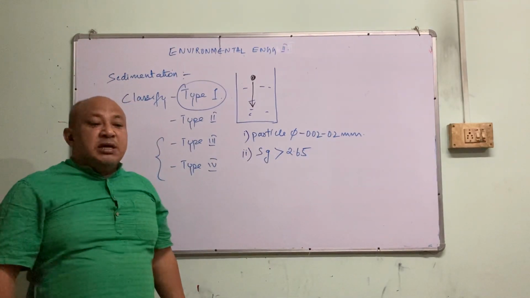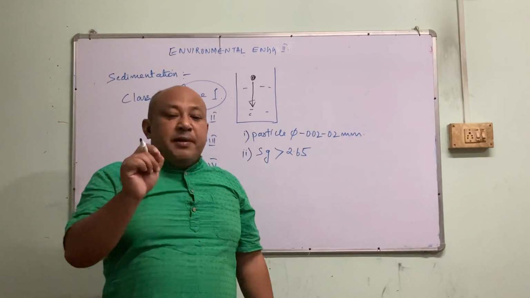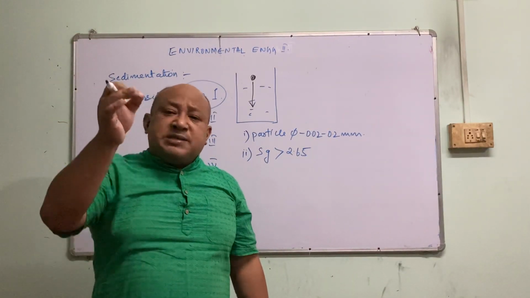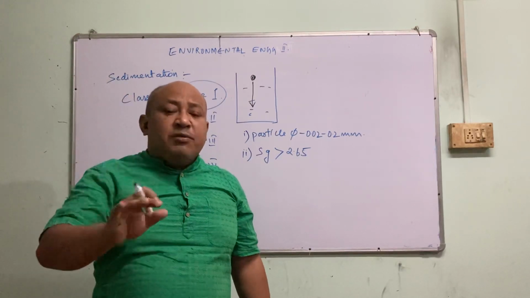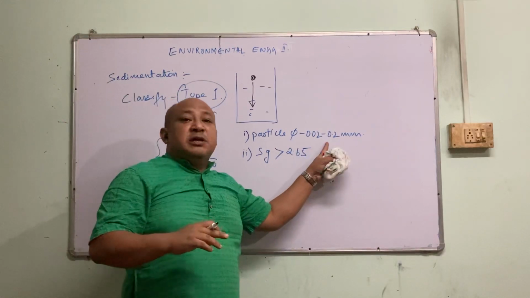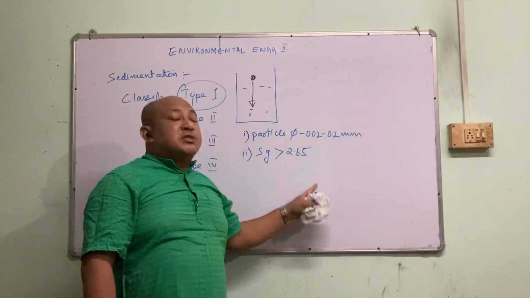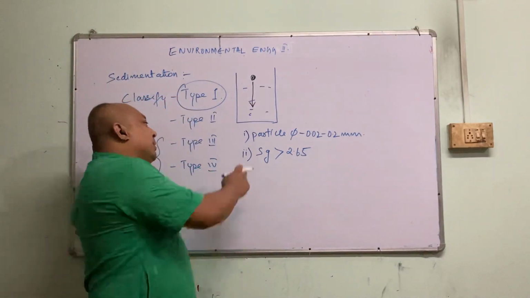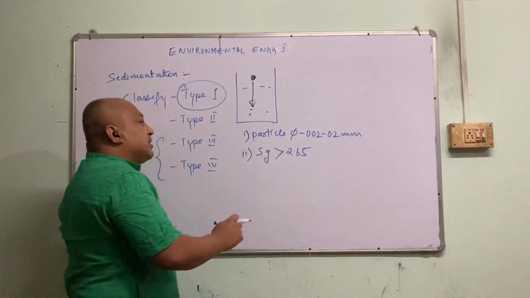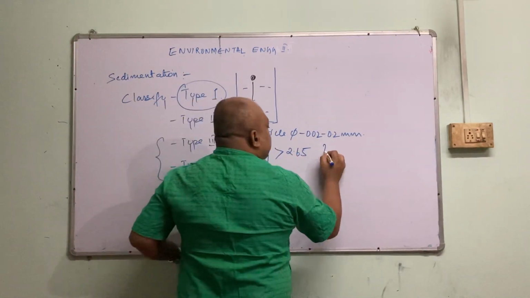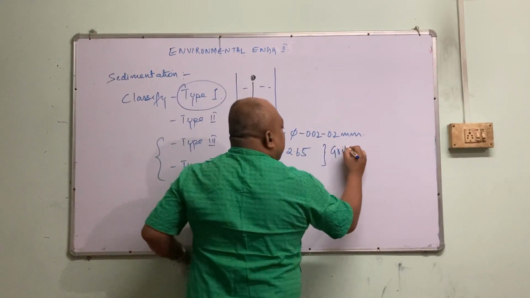If you take a piece of paper, you crumble it, or simply, you take a thermocol and make it settle down, thermocol will not settle down in the water, even though the size is bigger than this, because the specific gravity of the thermocol is very, very light. So these two combinations are very important: a particle of this much size with this specific gravity, and this type of particles are always grit in nature.